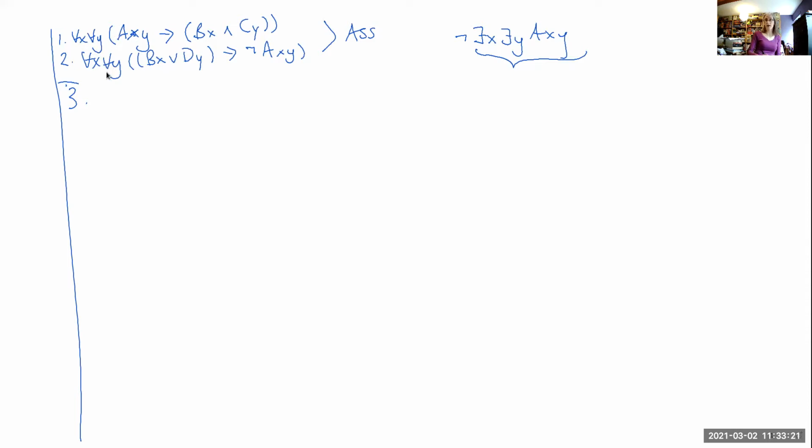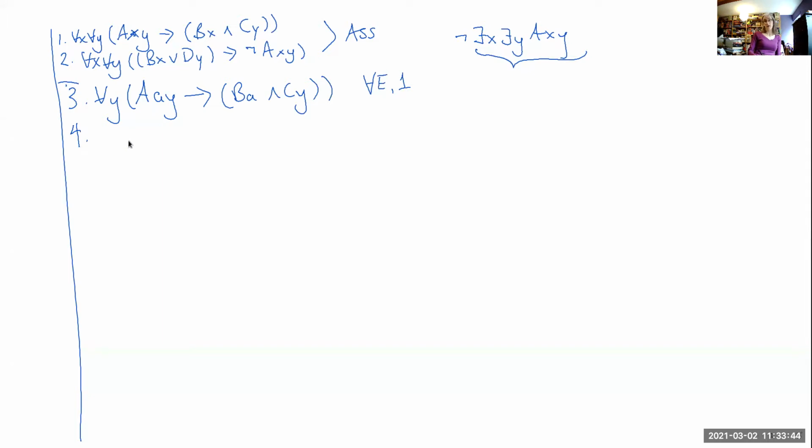You have to work with the main connective first. So if I do that, I remove the universal quantifier, and then every place where there was a variable that quantifier bound, I replace it with my constant, which in this case is little a. So universal elimination on line 1.